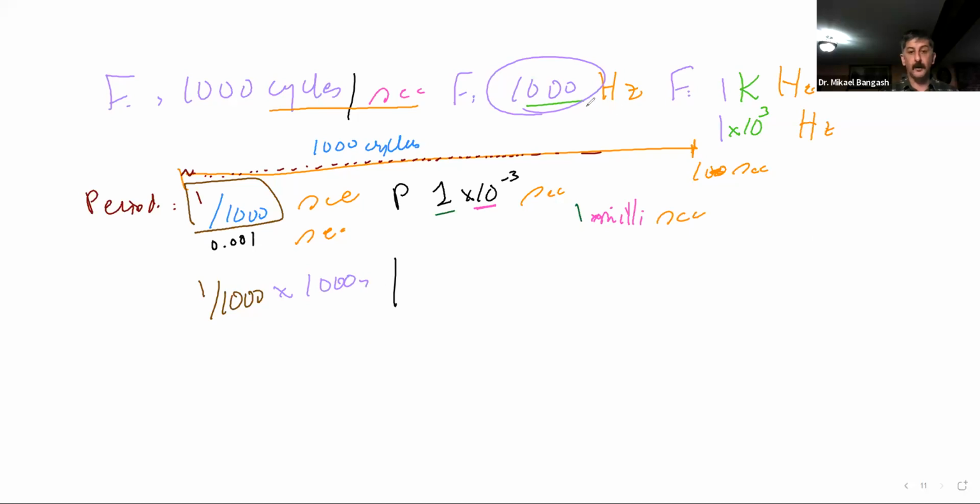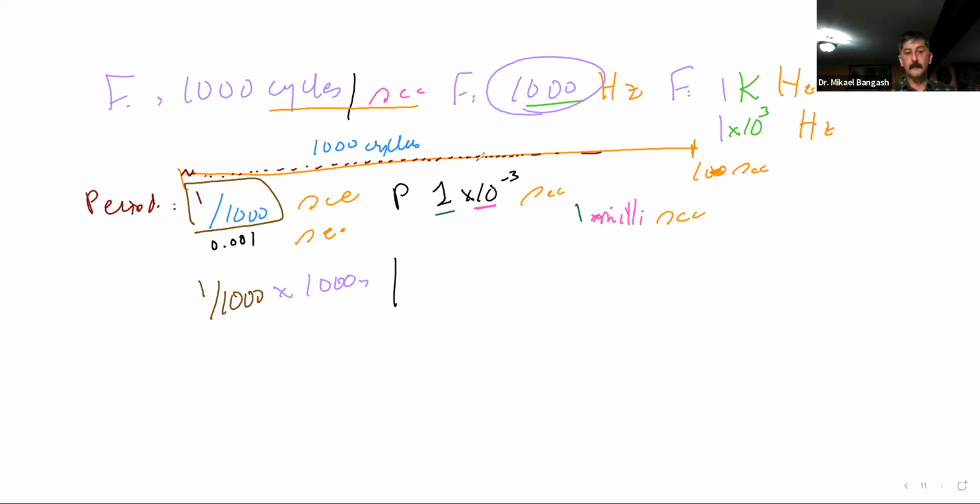Our frequency here was 1000 hertz, which means 1000 cycles per second. That means each cycle is going to be completed in 1000th of a second, which can be written in decimal form like this, or in this exponent form.